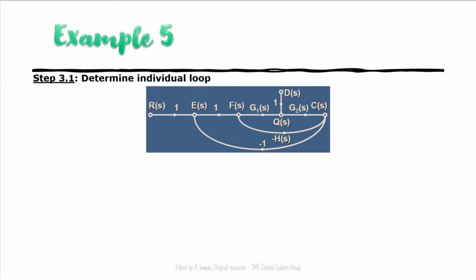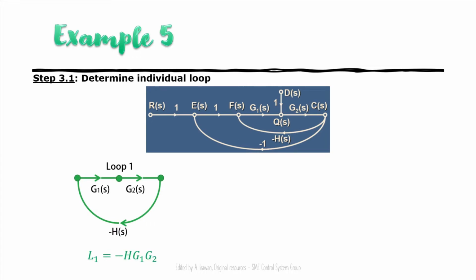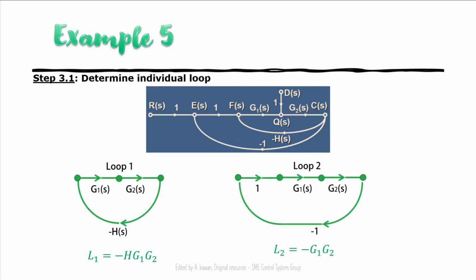So the next step, determine the individual loops. What are the individual loops? Here we have these individual loops, and these individual loops.